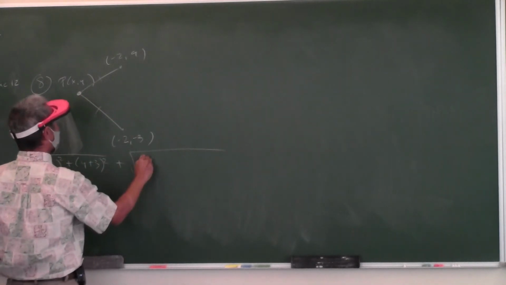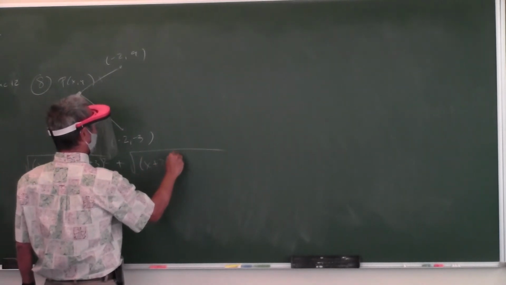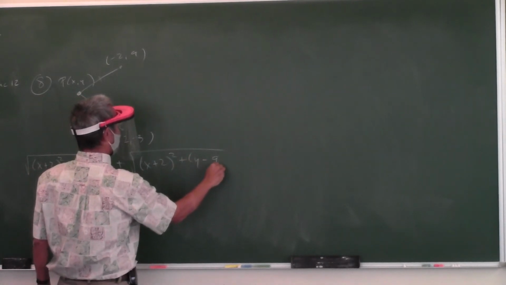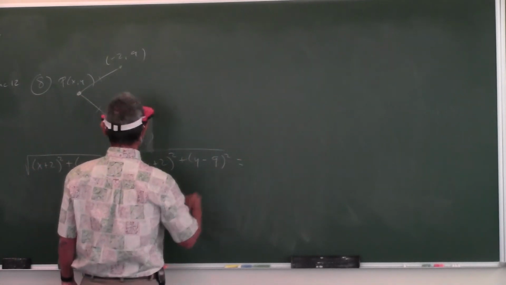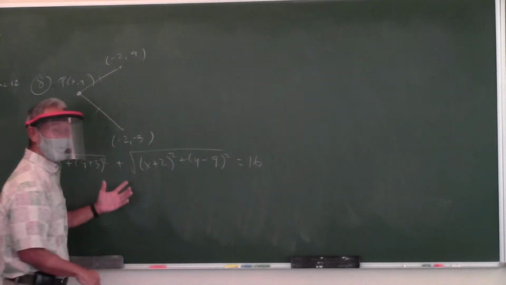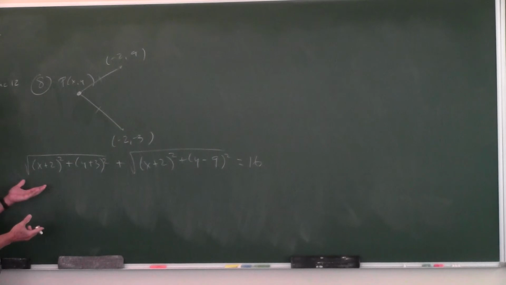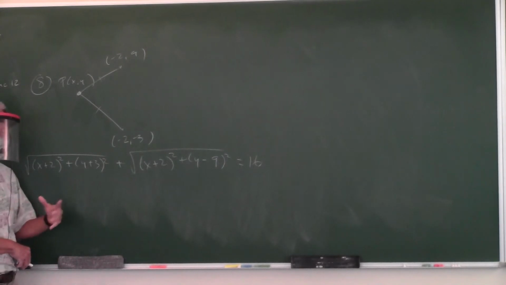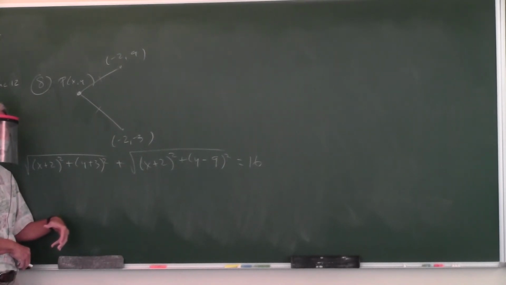Square root x plus 2 squared plus y minus 9 squared equals, I forgot the number already, 16. So there's your equation. You write that down on your paper. If this problem is worth 8 points, I'll give you 2. But if you want the rest, then you gotta put this into standard form.